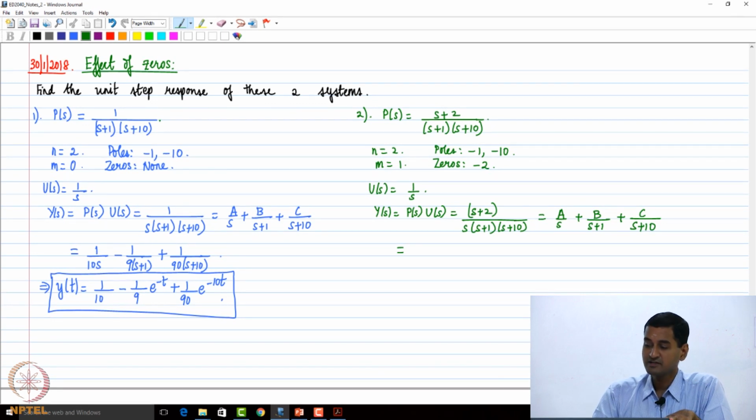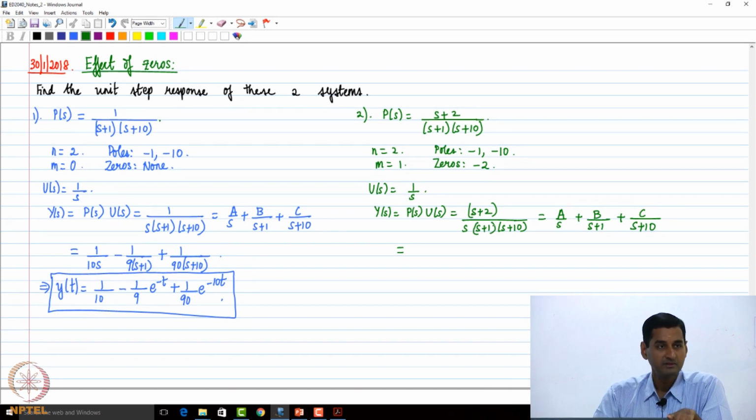s plus 2 is a factor in the numerator. Anyway, the order is lower than that of the denominator. When you take the partial fraction expansion, you only take it in terms of the denominator factors. There are three first order terms in the denominator, so the residues will just be constants in the numerator.